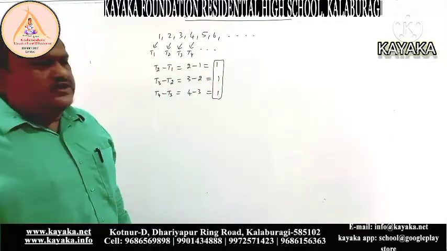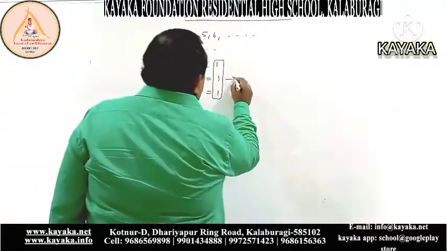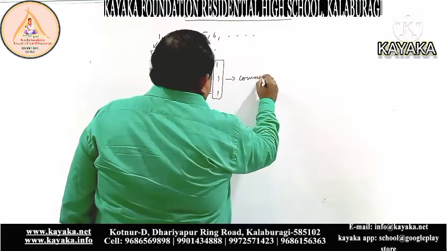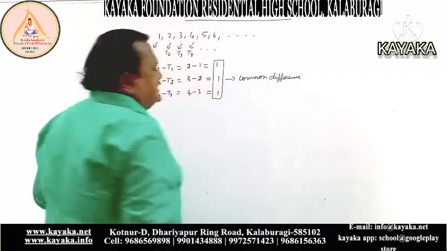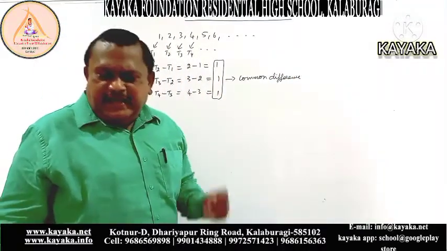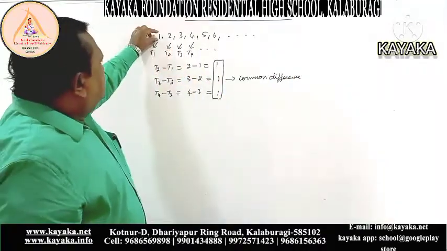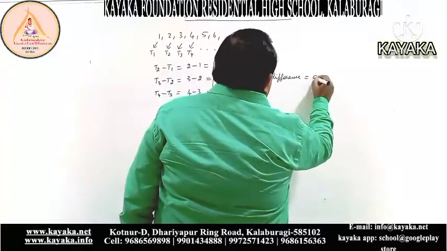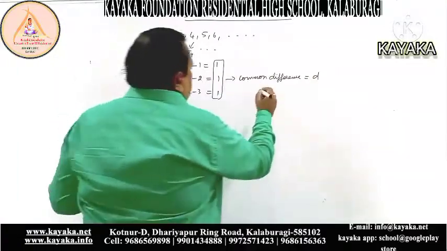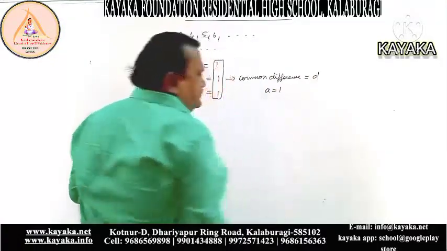In arithmetic progressions, we call this the common difference. The common difference is denoted by D, and the first term 1 is denoted by A. A equal to 1.